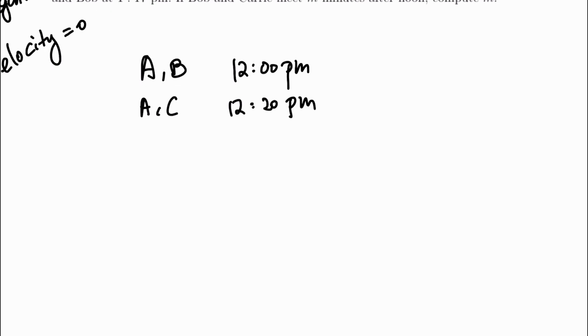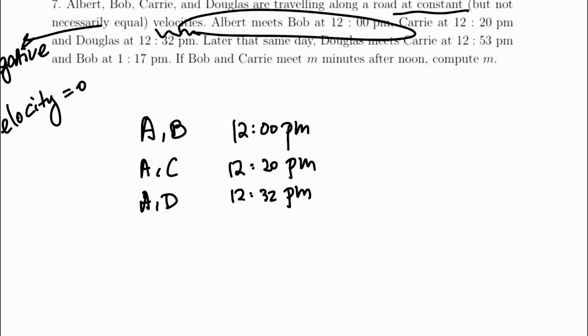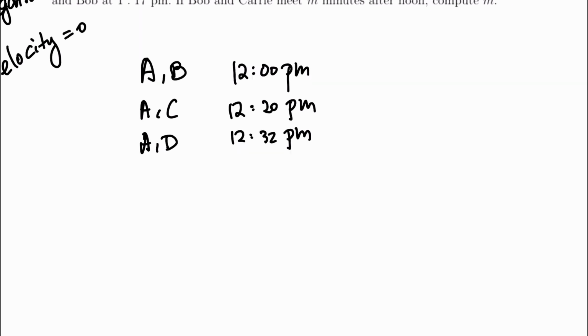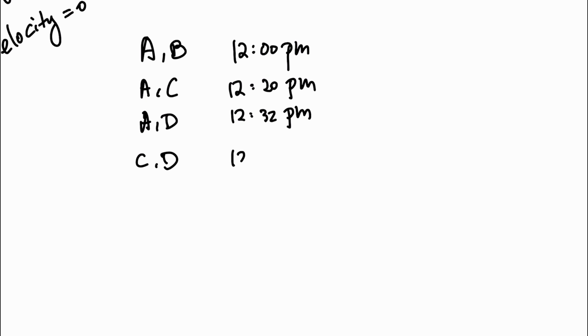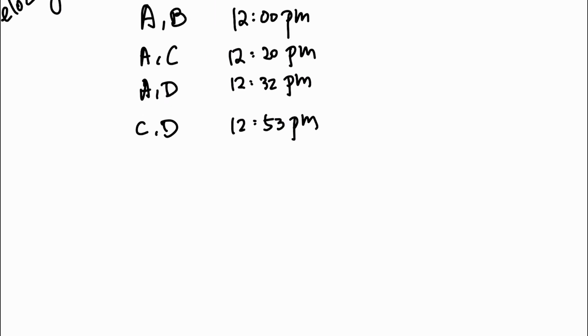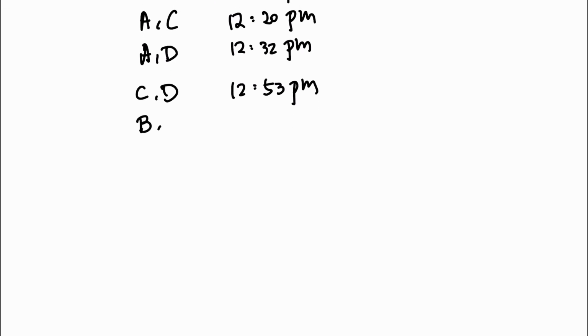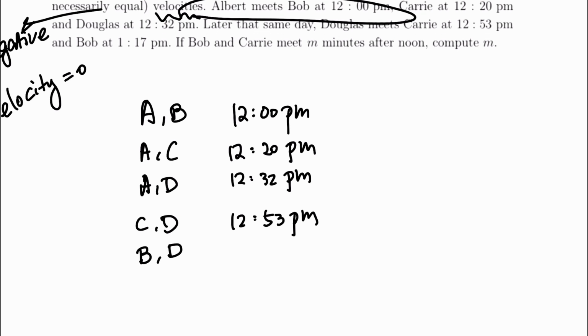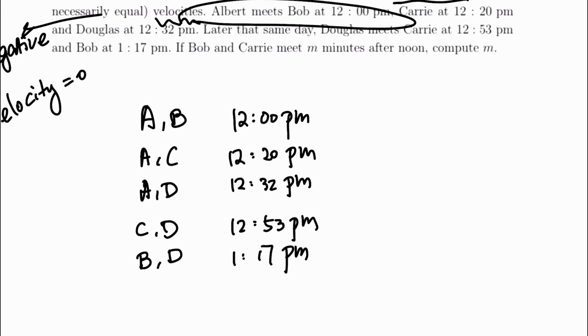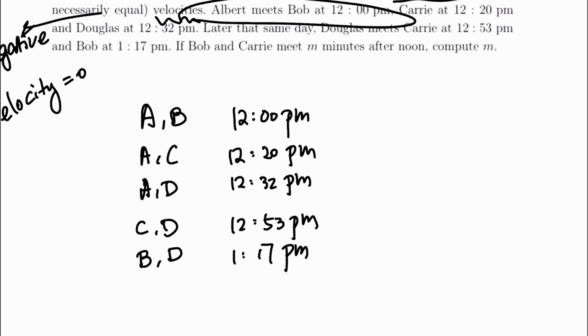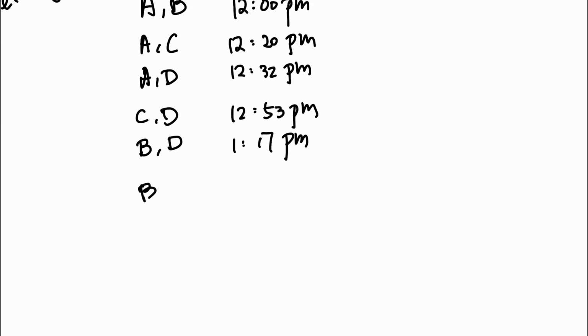A and D at 12:32 p.m. And later the same day, Douglas meets Carrie, so C and D at 12:53 p.m., and Bob and Douglas at 1:17 p.m. And we want to calculate the time Bob and Carrie meet. So that is a question mark.